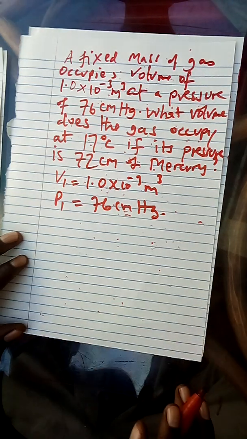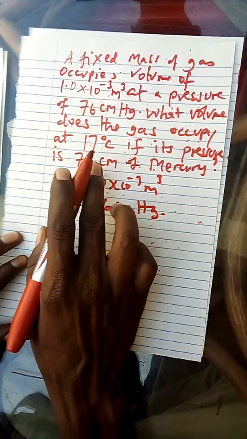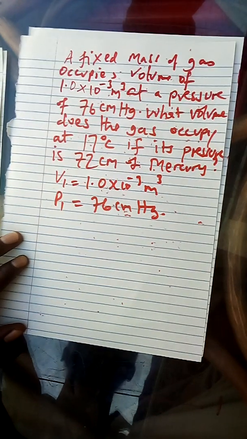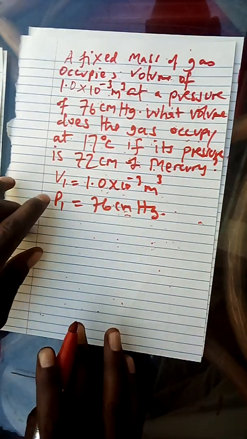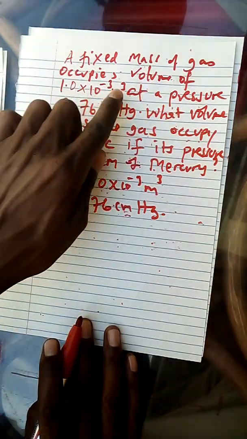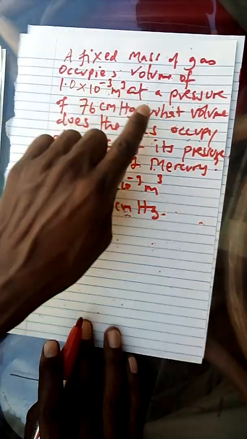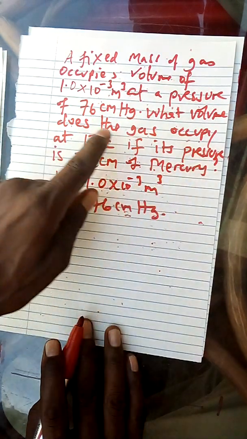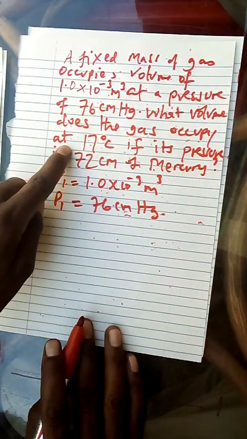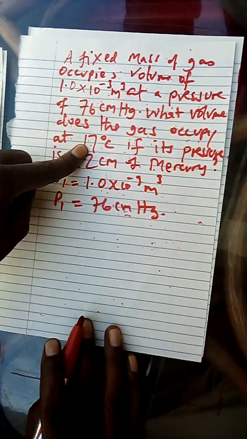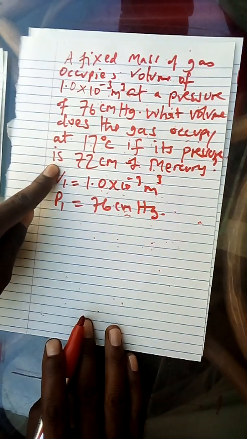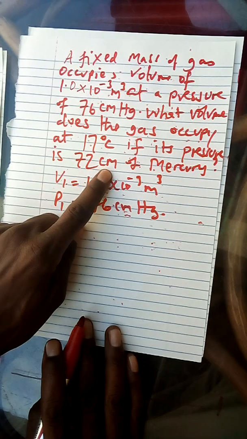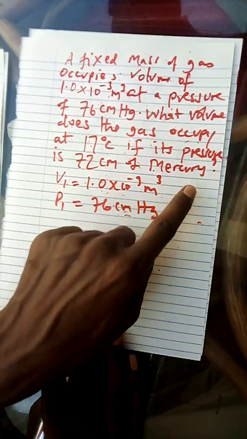What volume does the gas occupy at 17 degrees Celsius if the pressure is 72 centimeter of mercury?